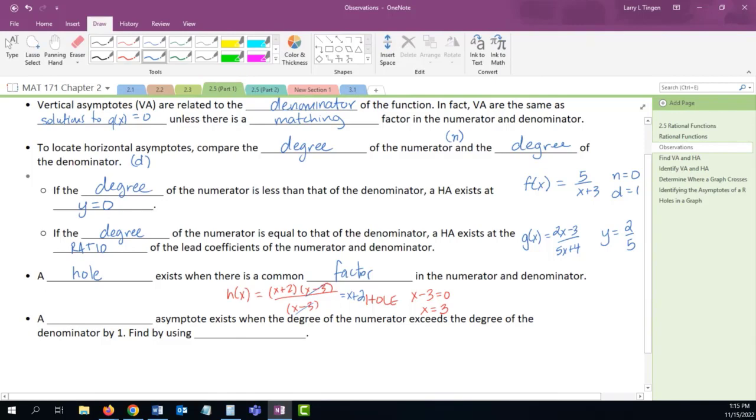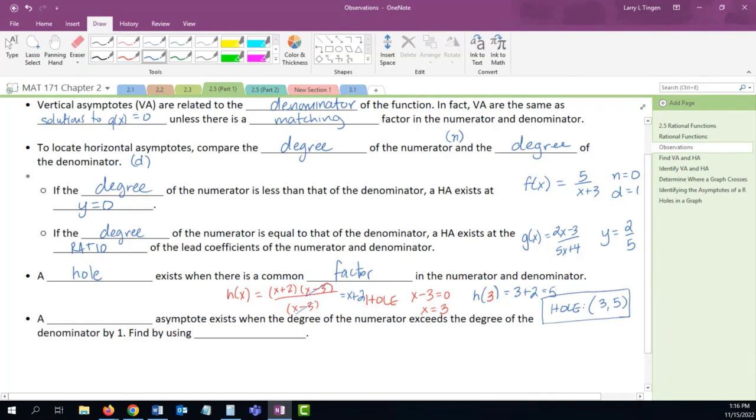So h of x, which is x plus 2 times x minus 3 all divided by x minus 3, reduces to just x plus 2. Well, that's just a line. But there's a hole, and the hole is just a single point. What do I get? 3 plus 2, which is 5. So that hole has the coordinates 3, 5.